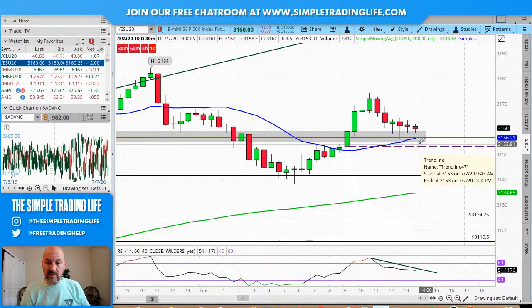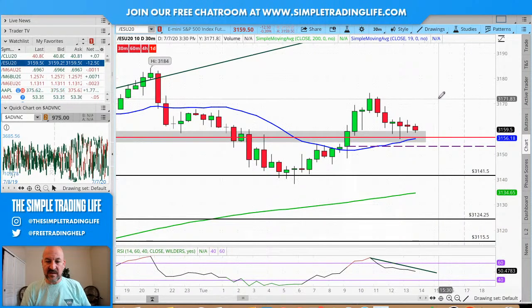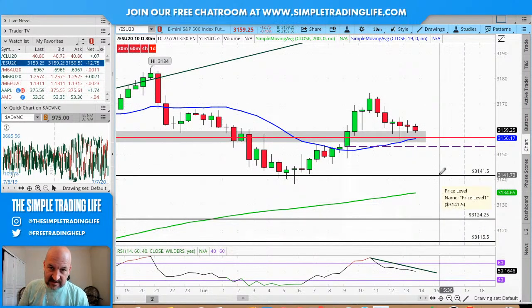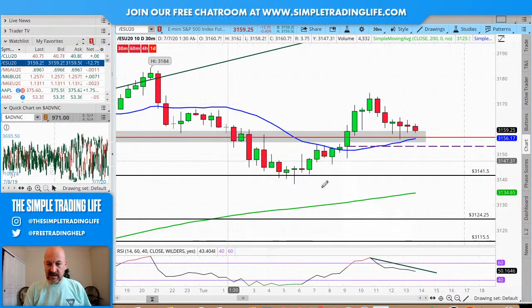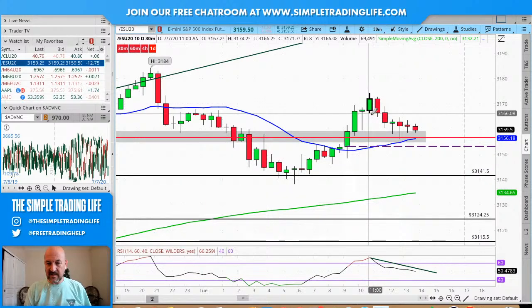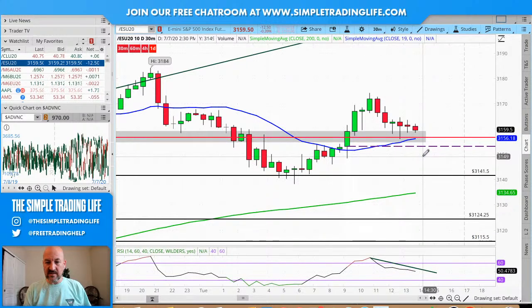Now, if at some point it can't get through, sellers could very well come back in, and then we could start heading this direction. And if that happens, we would be putting in a cup and handle. That's if we can't break through and go lower.